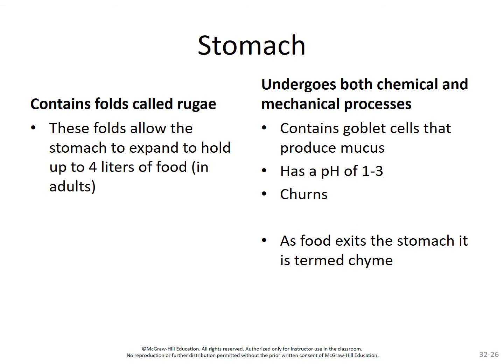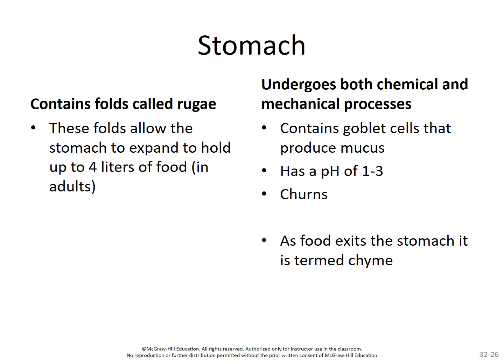As you may have noticed in the previous slide, the stomach contains internal folds called rugae. These folds allow the stomach to expand to hold up to 4 liters of food in adults. Of course, this is going to differ from person to person depending on how much they're used to eating and what size they are.